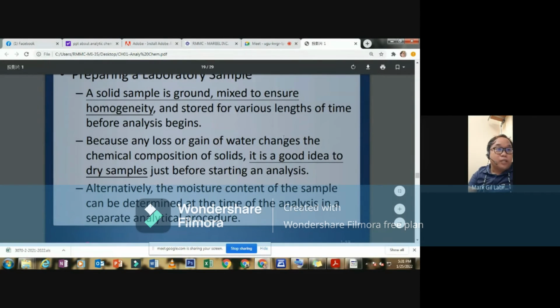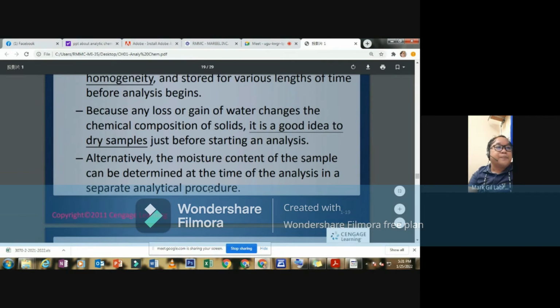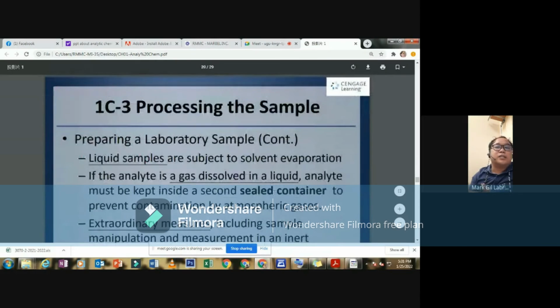Kasi kung hindi mo siya malagay sa proper na storage, it will affect the result of your analysis, such as yung loss or gain of water changes in the chemical composition. So alternatively, the moisture content of the sample can be determined at the time of the analysis in a separate analytical procedure. So talagang dapat proper ang pagkuha natin o pag-analyze.